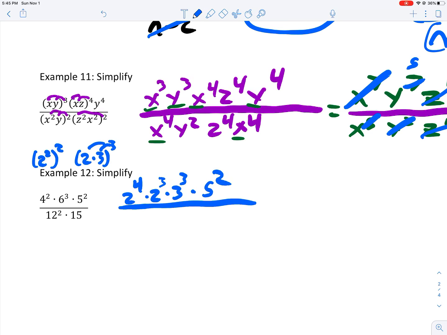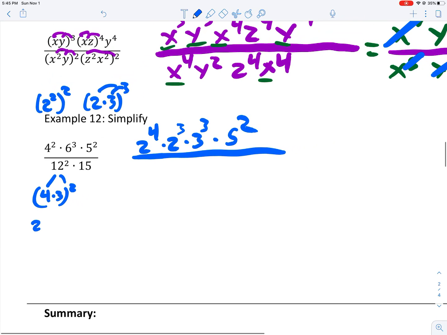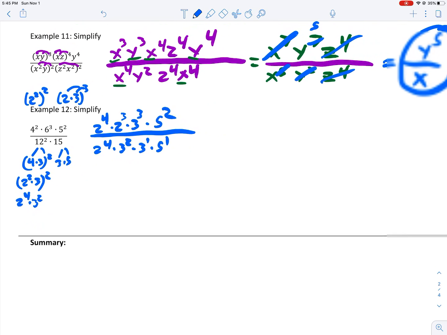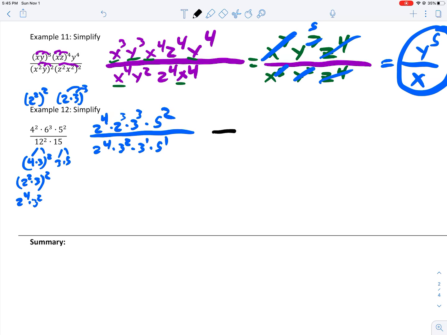Okay, the 12, I can break down to 4 times 3 squared, but 4 is 2 squared. So this would be 2 to the fourth times 3 squared. And then the 15 is 3 times 5, so times 3 to the 1, 5 to the 1. Very similar, except now I'm using constants instead of variables. Up top we have 2 to the 7th, 3 cubed, 5 squared.